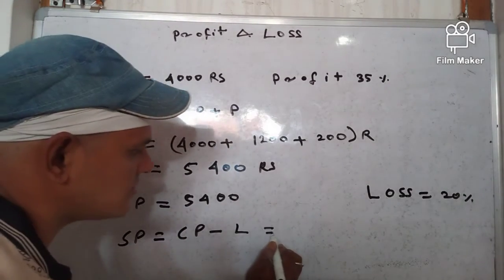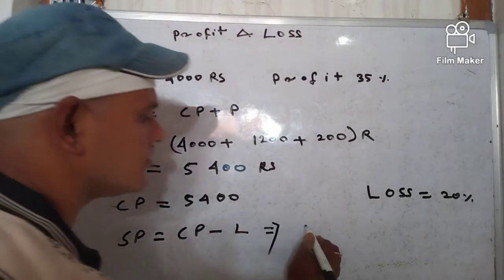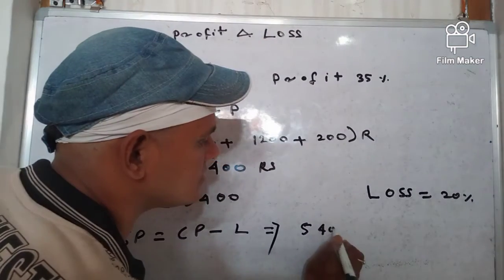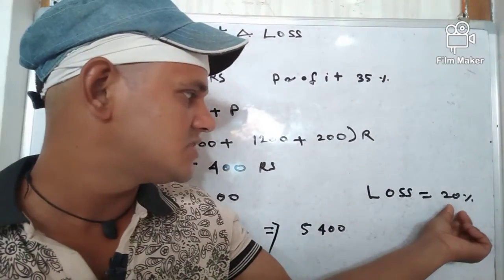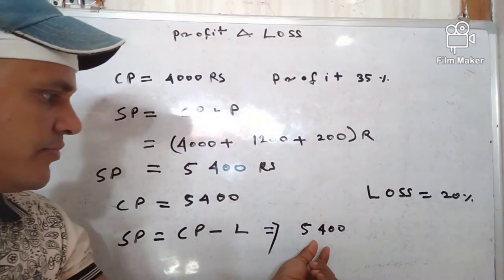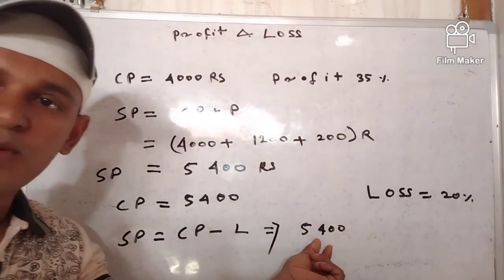So SP is CP minus loss. CP is given 5400 and loss is 20%. So 10% will be 540.